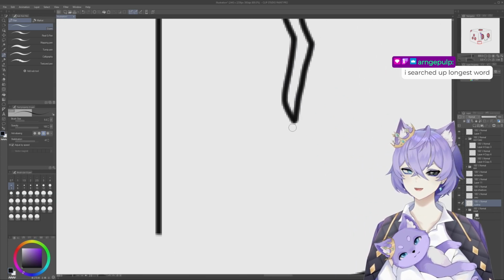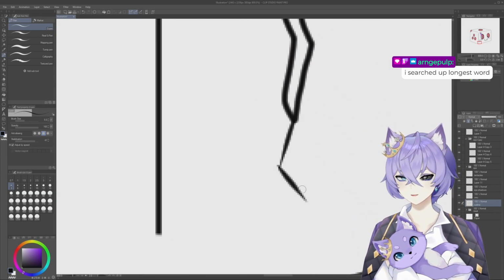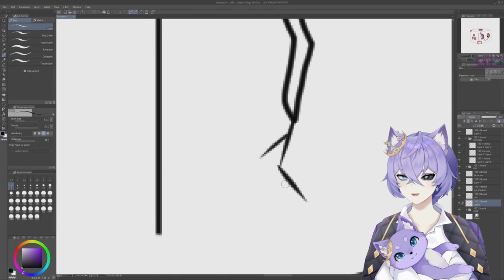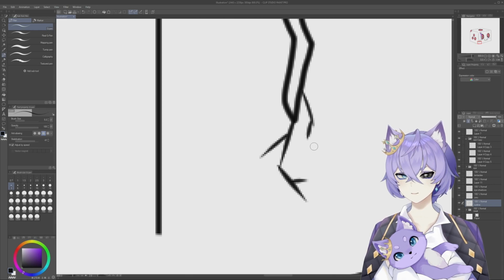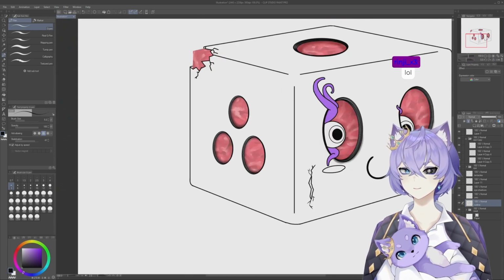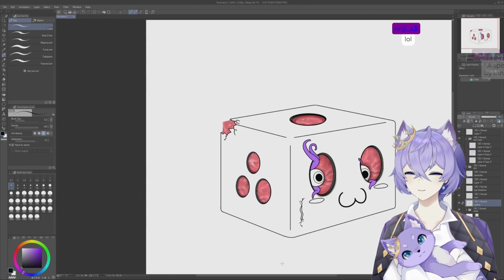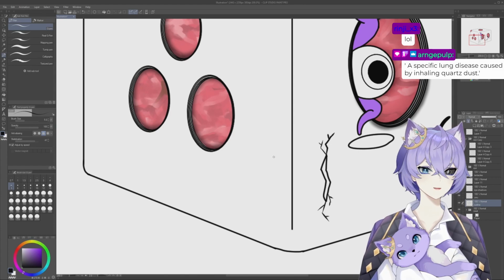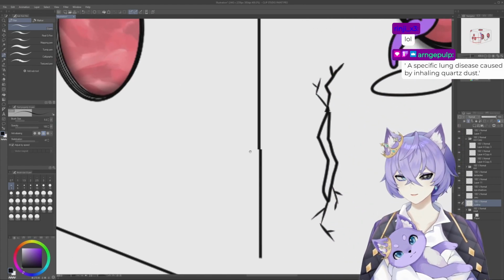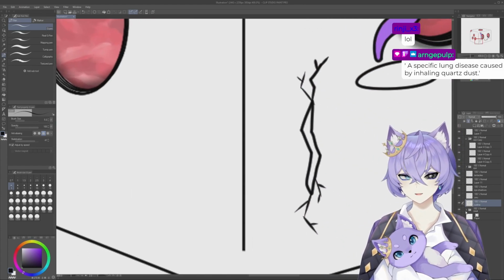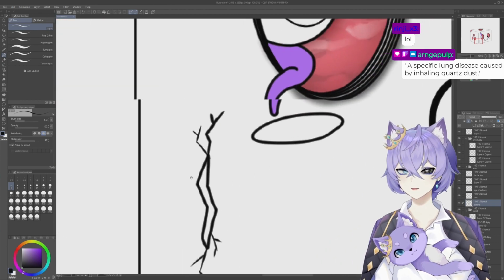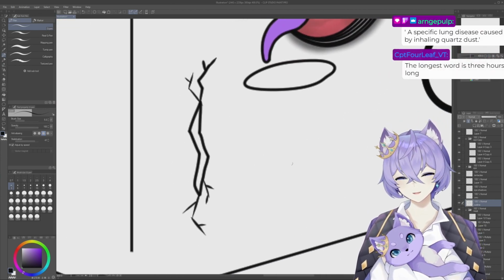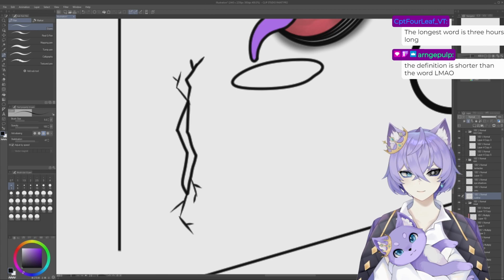What does it mean? Is it like some classification for some weird animal or something? A specific lung disease caused by inhaling quartz dust. Sounds like a shite time to be a miner, honestly. As in, someone who works in mines.